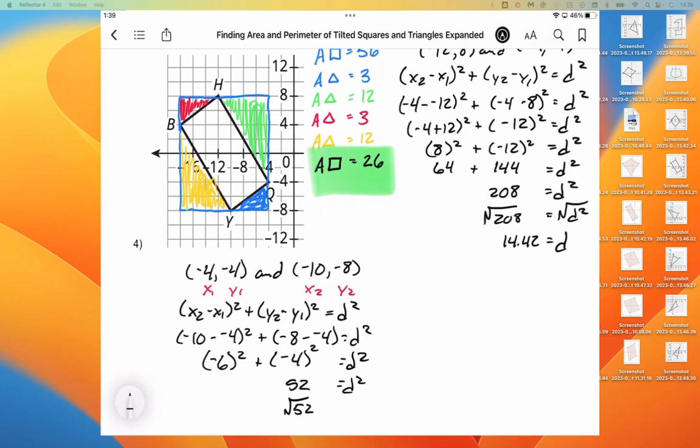Square root of 52 is 7.21. That's our short side. This is our long side.